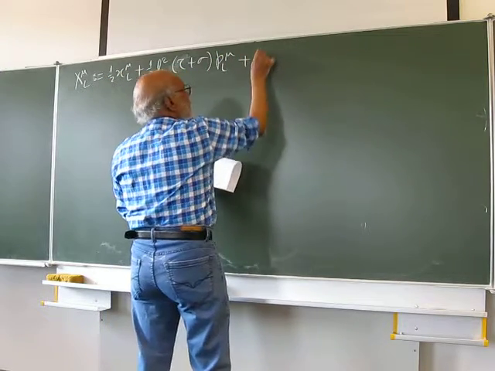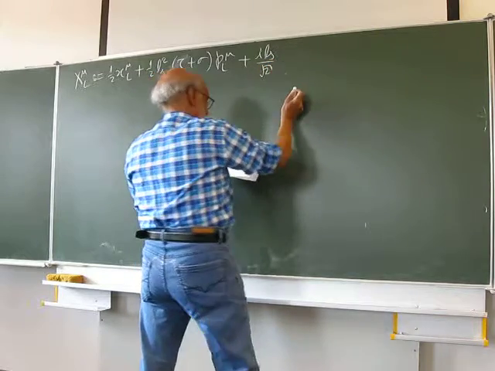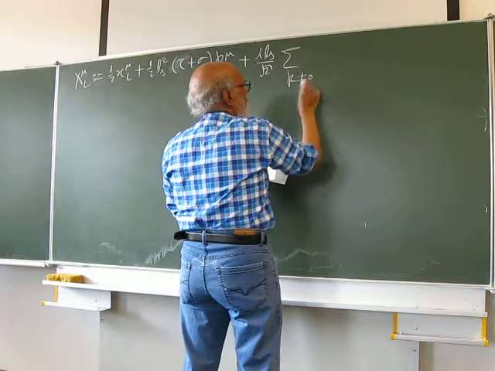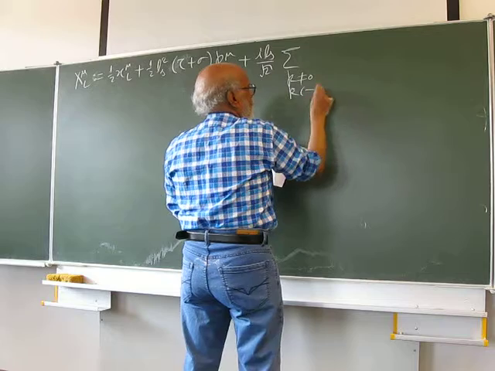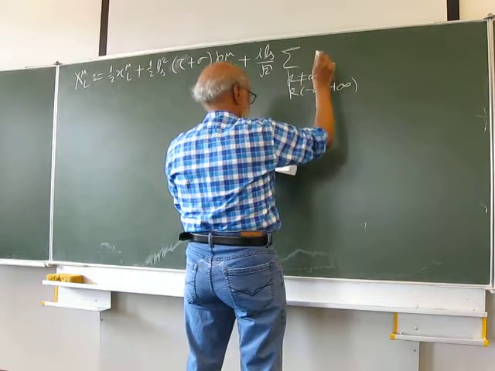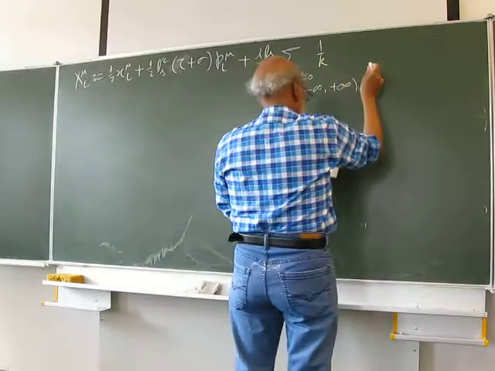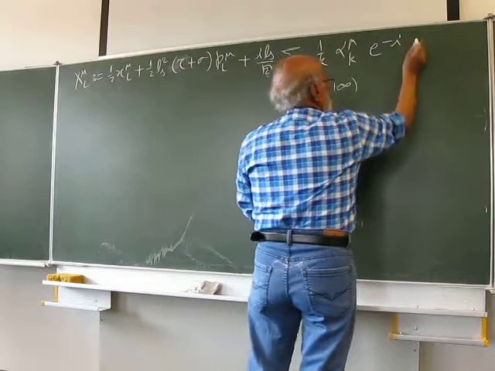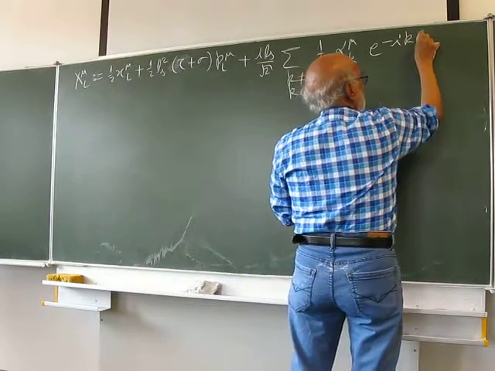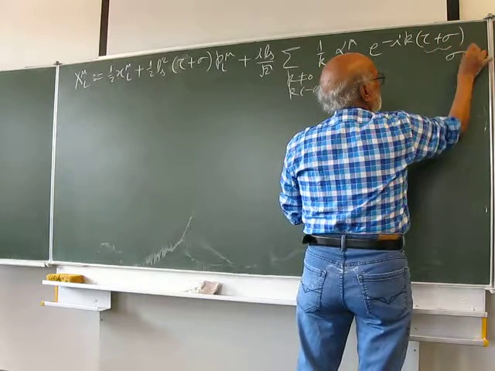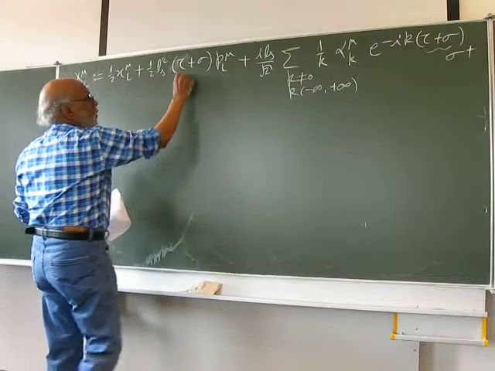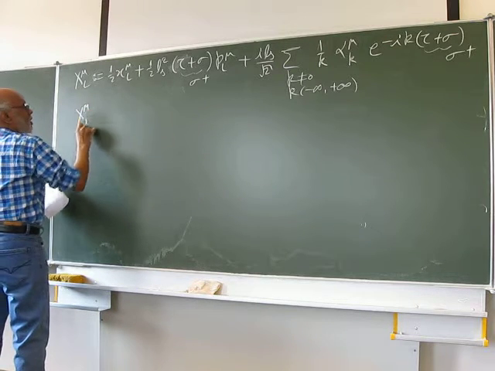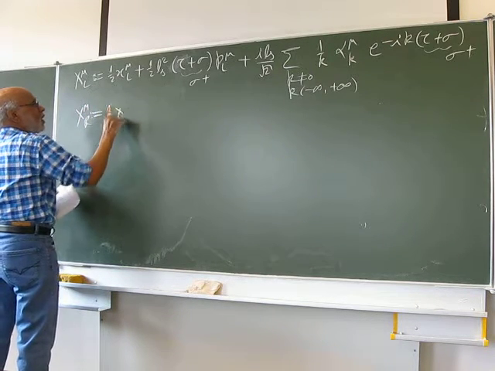P L mu plus, sum over k not equal to 0, but k going from minus infinity to plus infinity, 1 by k times alpha mu k times e to the power minus i k, tau plus sigma, but we remind ourselves that this is also sigma plus.